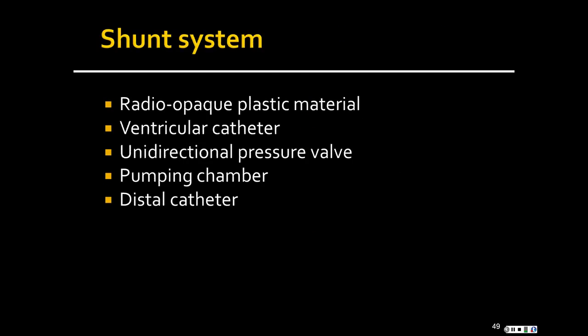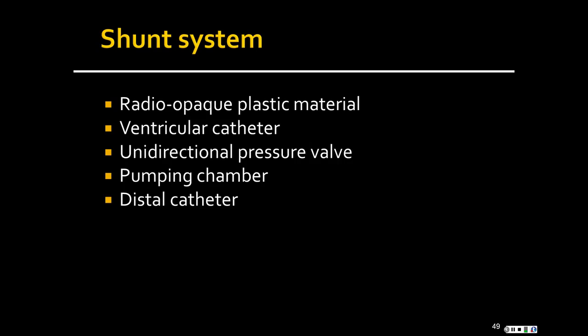The shunt system is made of a radiopaque plastic material that has a ventricular catheter, a unidirectional or one-way pressure valve, and a pumping chamber, as well as a distal catheter that will work all together to direct the flow of cerebrospinal fluid from the ventricles into other areas of the body so that it can be absorbed.